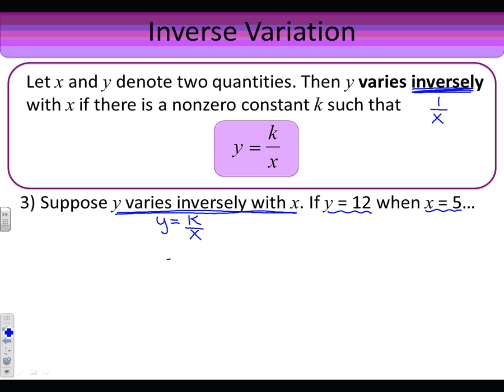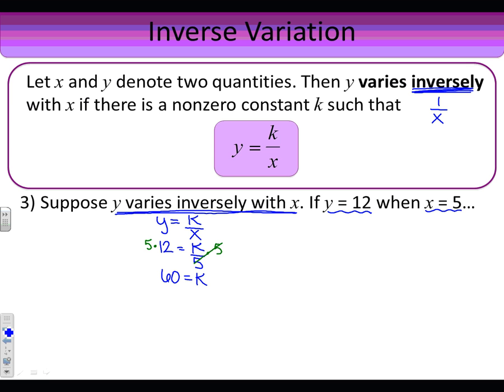So I know that y is 12 and x is 5. So multiply by 5 on both sides, so that I can cancel out my 5 and solve for k.